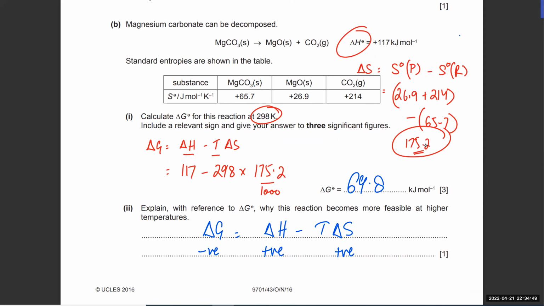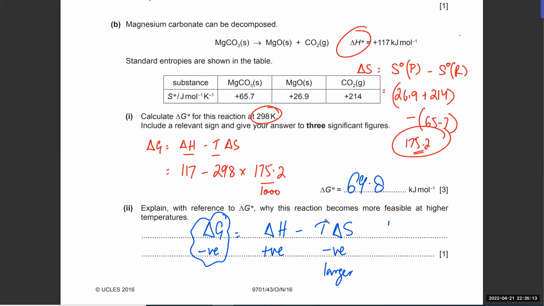But it has a negative sign, so the second term actually becomes negative because of the negative sign over here. So if I want to make delta G overall negative, I would have to make my negative term larger in size. And it can only be larger if the temperature is greater.